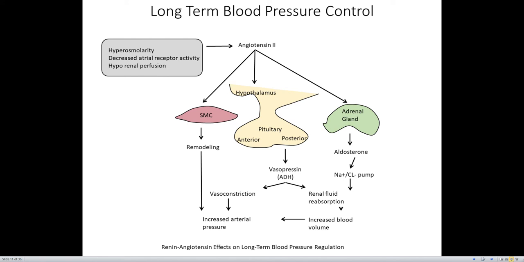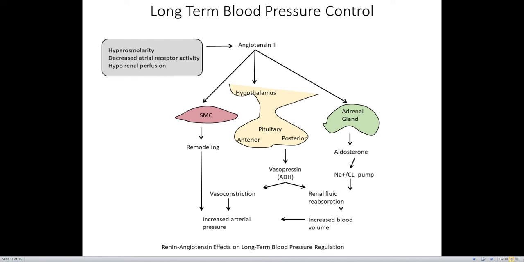And what the kidneys are going to do is increase what we call renin. And renin is going to be transported to the liver. And in the liver, renin is going to cleave what we call angiotensinogen to angiotensin 1.